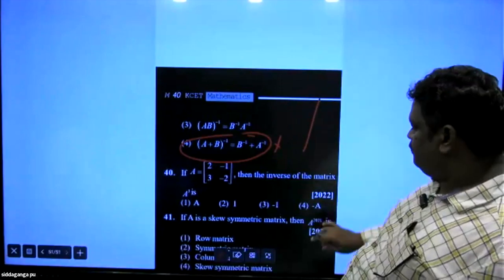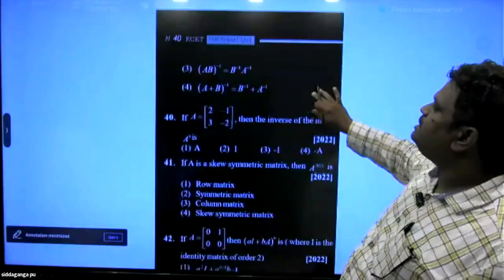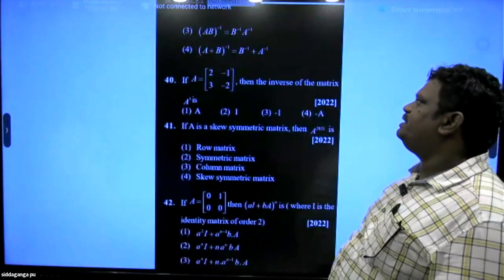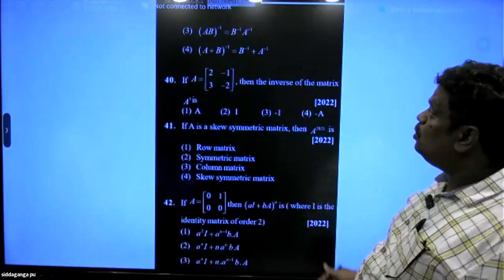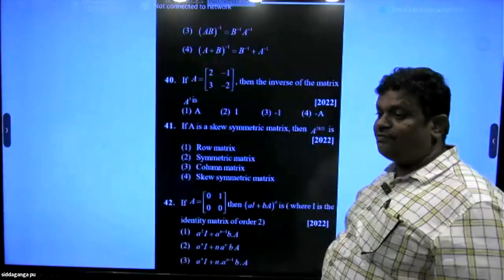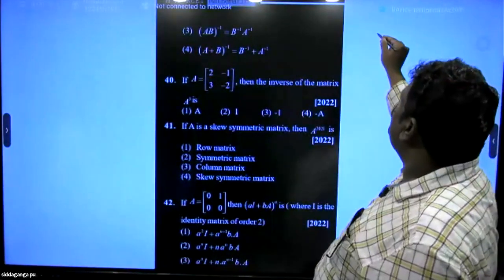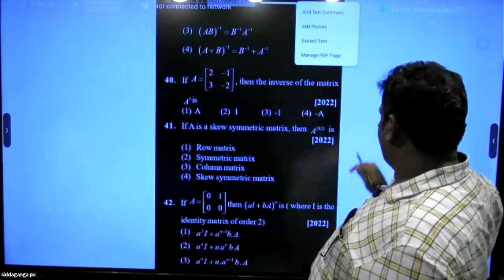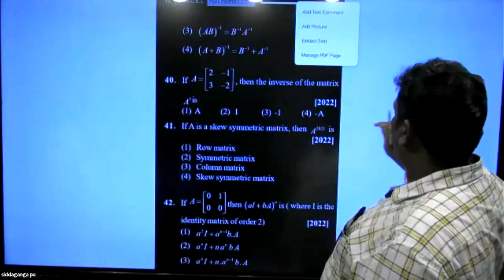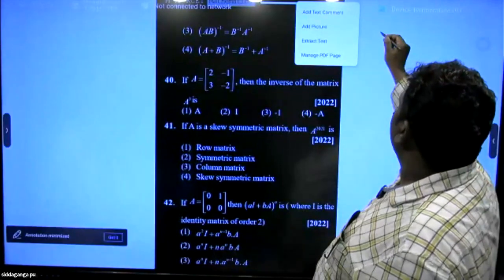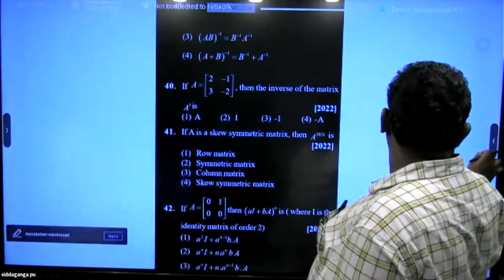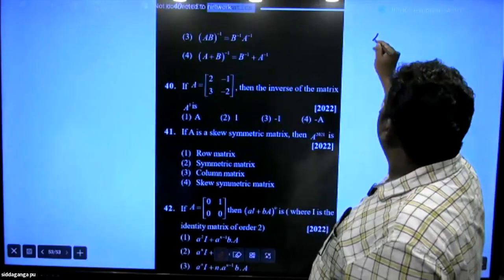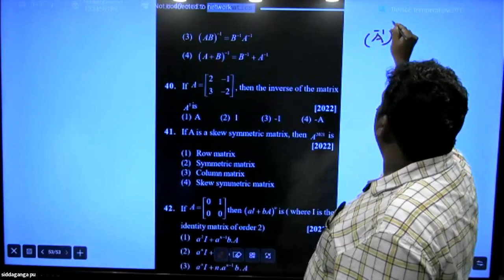Now question 14: A is equal to 2, minus 1, 3, minus 2 is given. Then the inverse of the matrix; the inverse of A cube is asked. The inverse of A cube means A inverse whole cube.